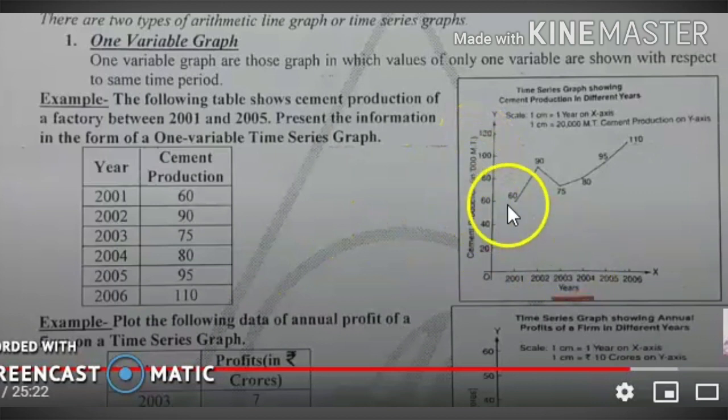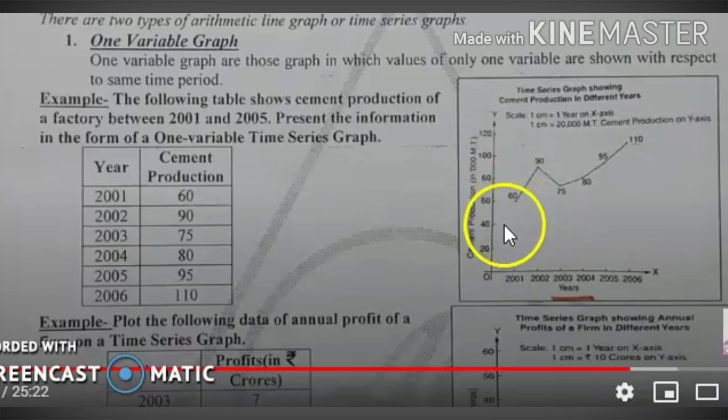It's just plotted with the raw data simply like this. You can plot 1 centimeter from here and mark 2001 on the x-axis, and again 1 centimeter and mark 2002 on the x-axis, then 1 centimeter 2003, then 2004, then 2005, then 2006. Here on the y-axis also you can plot 20, 40, 60, 80, 100, 120.